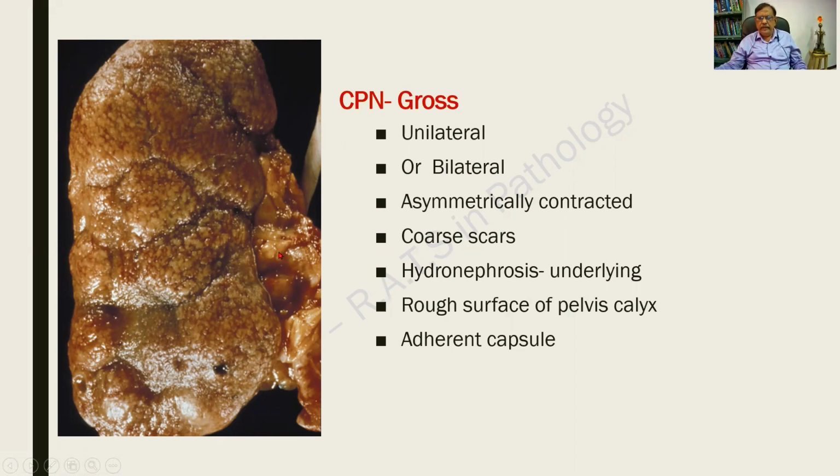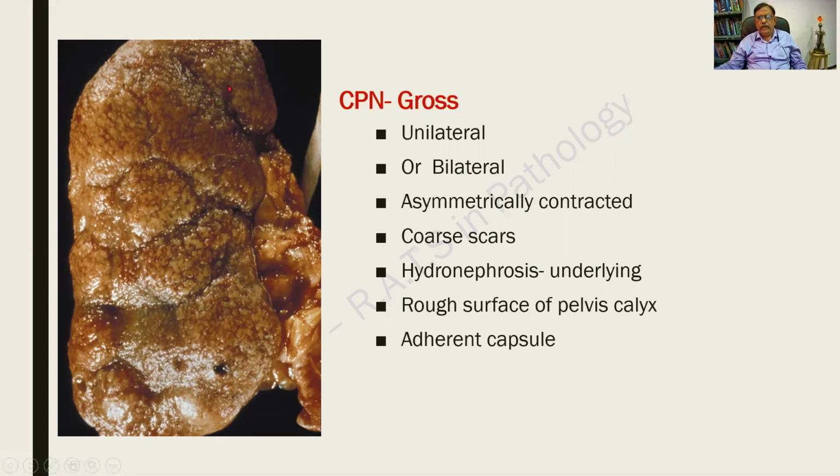And when you go to the cut surface, there can be a hydronephrosis also because of the stasis and the distension. Generally, the external surface as well as the pelvicalyceal area will be a little rough because of the inflammation. The capsule is adherent.